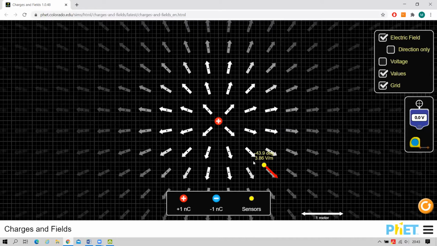It's at minus 43.9 degrees, and it's at a strength of 3.86 volts per meter.